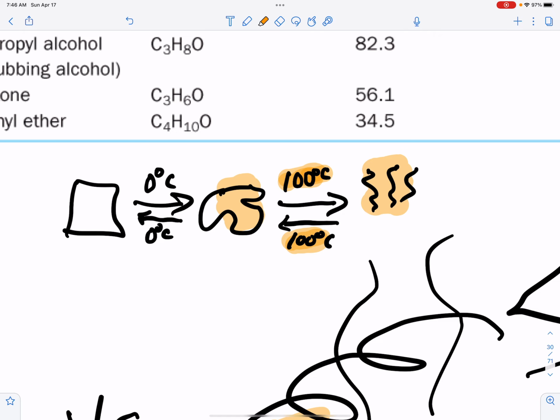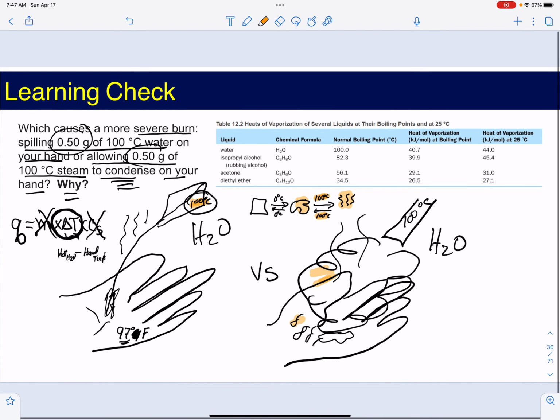So we got a problem. We're trying to compare the energy of a process that involves a change in temperature, like the water going from 100 degrees to equilibrating with your body, to a process that does not involve a change in temperature. So how do we calculate? How do we compare?